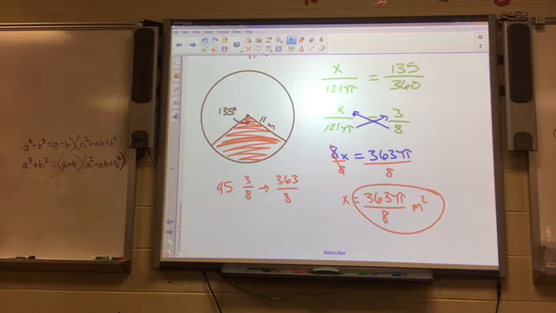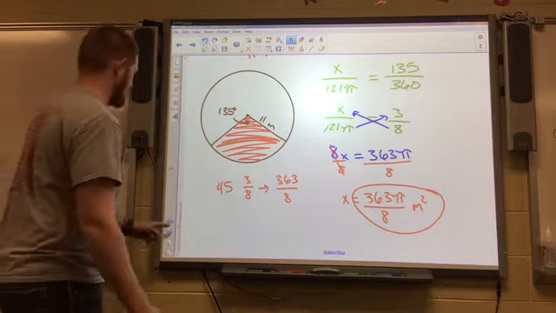There's a lot of stuff you can do with some of those buttons. Okay. Questions on that example? Do your best to leave it as an exact answer, no decimals. We're going to try to do that.